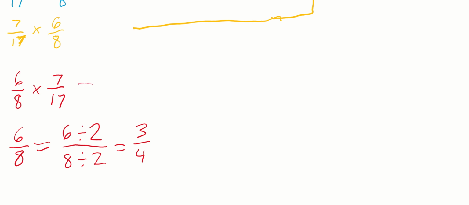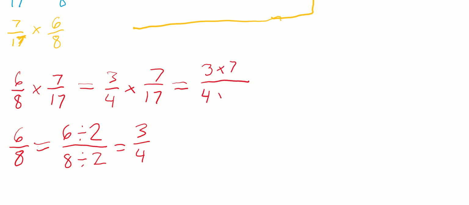So that means we can rewrite 6 over 8 times 7 over 17 as 3 over 4 times 7 over 17. We know the numerator of our product should be 3 times 7, and the denominator of the product should be 4 times 17.